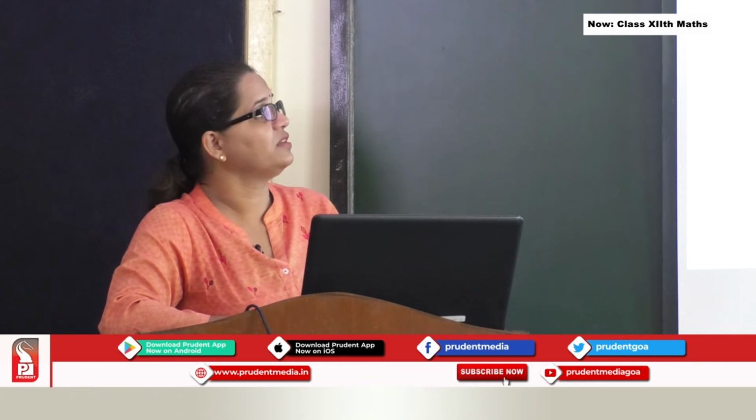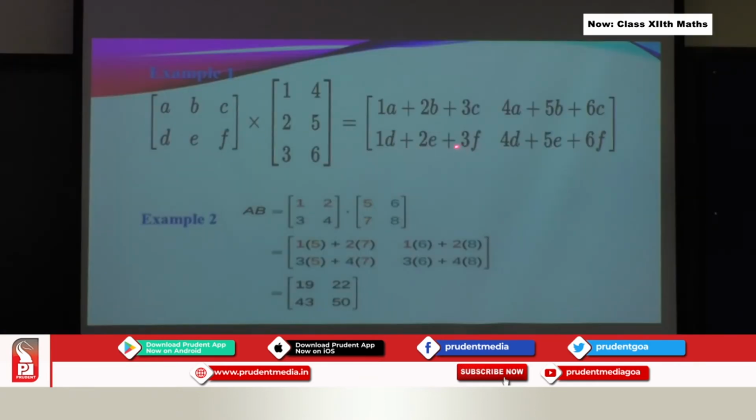Let's talk about the second row, first entry of second row. So I am talking about second row, first column. In a similar way I need to multiply and add. So I say 1D plus 2E plus 3F. Same way I am getting second row, second column.